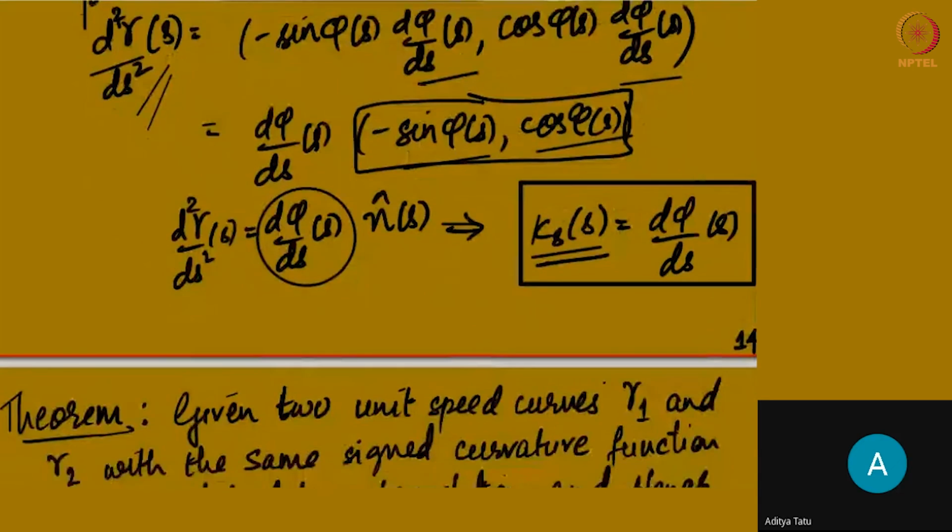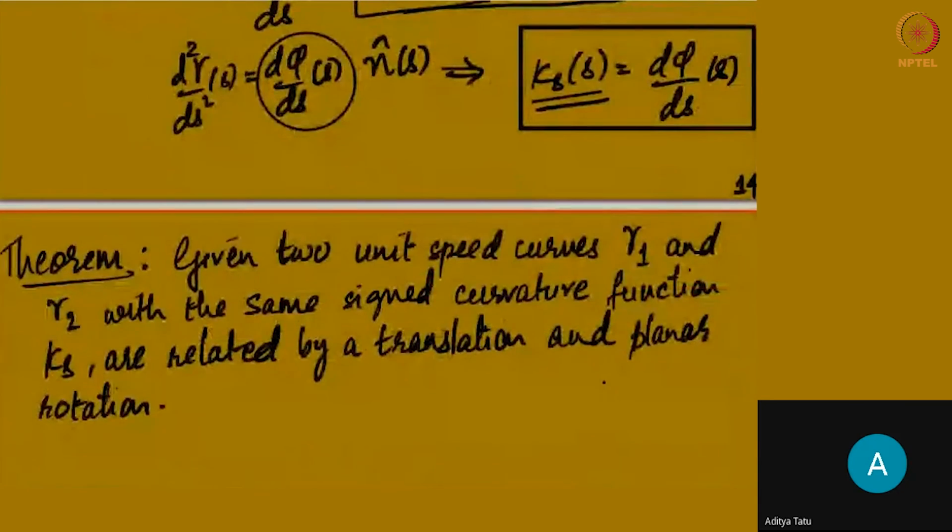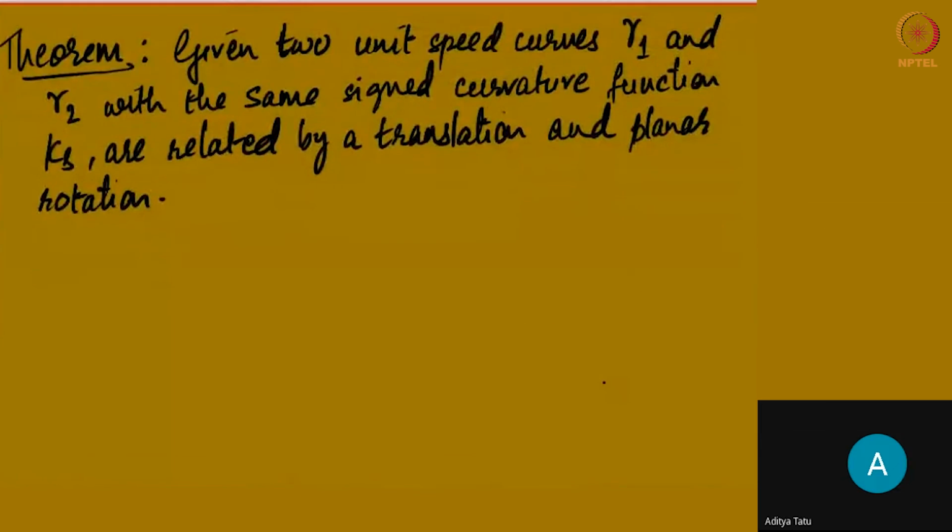Finally, I wanted to prove this theorem. I don't think we have the time. I'll just give the statement and then we'll maybe take it up tomorrow. Okay, and it's a very important theorem if you are looking at application. So let us just read the statement carefully.